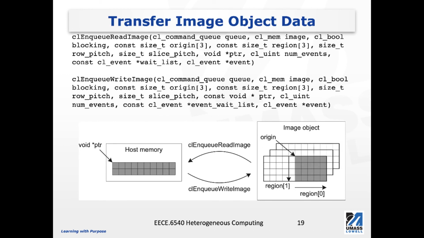We can do the same thing for image object data. You can see that we just replace read buffer with read image, and write buffer is now write image.